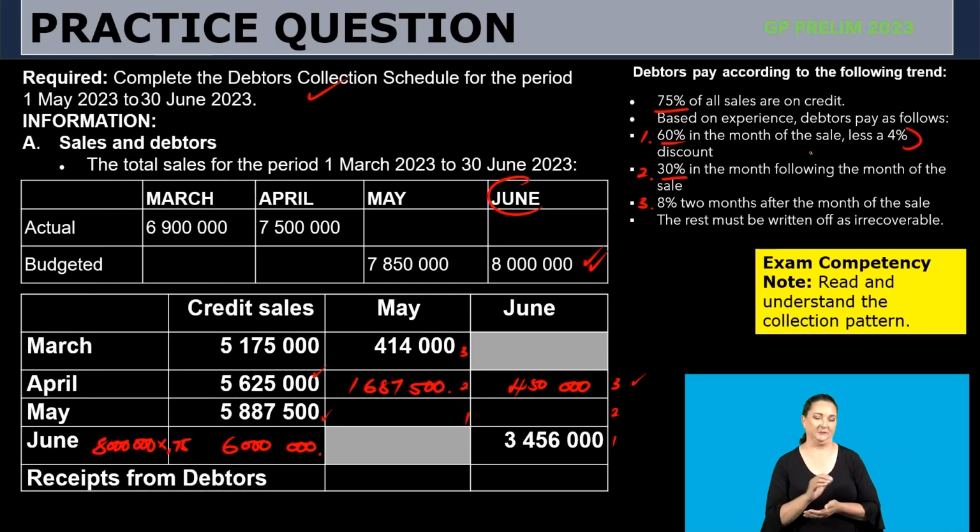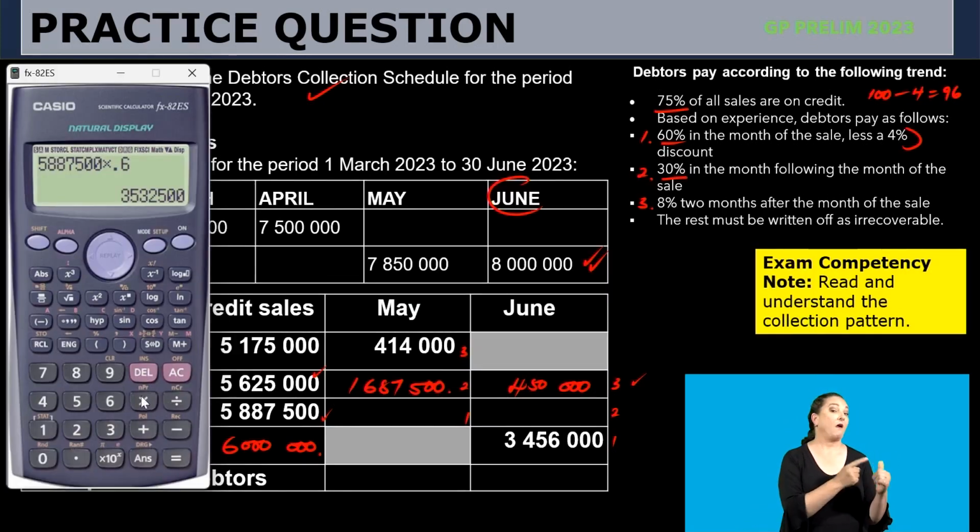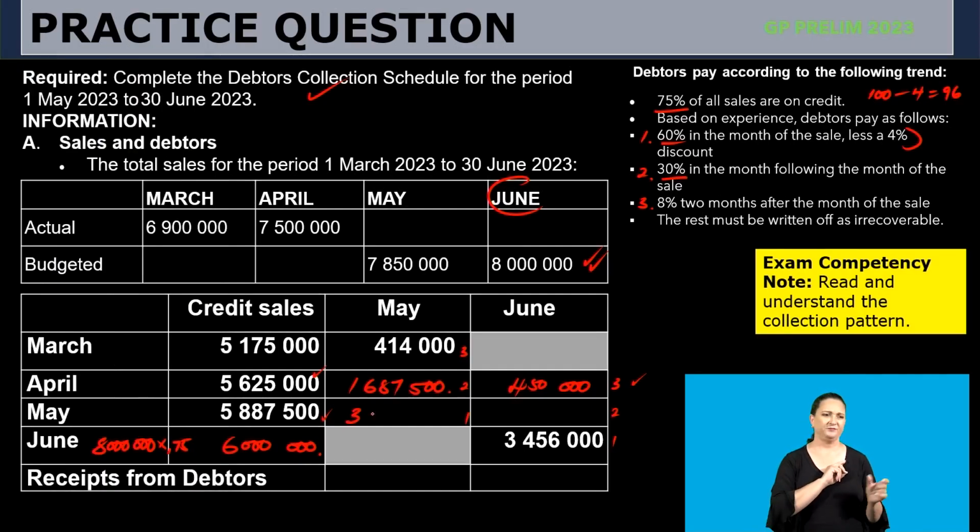So on my 100% that I'm supposed to get, I'm going to allow a discount of 4%. That means I'm going to get 96%. And that will give me 3,391,200. Like that.